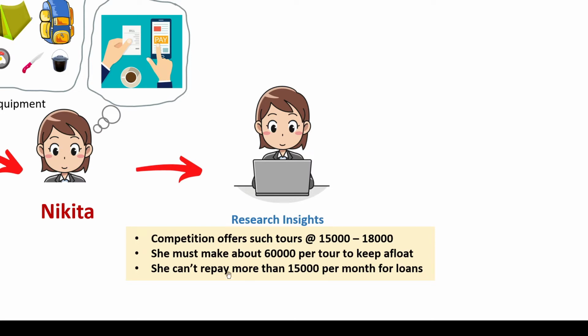Given all these expenses, she has done some back of the envelope calculations, and she has concluded that she cannot pay more than 15,000 per month for loans because there are a lot of other expenses. So this is one important point for her.